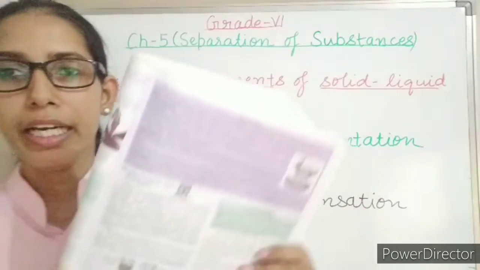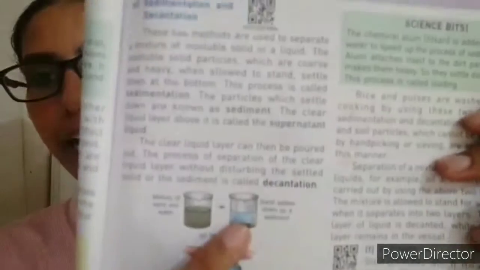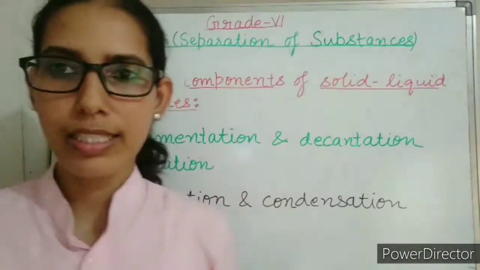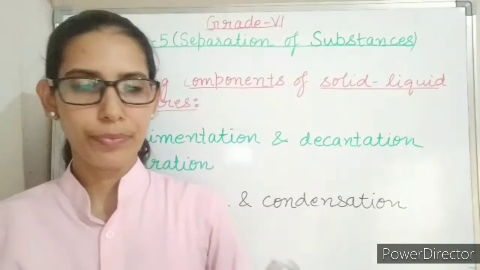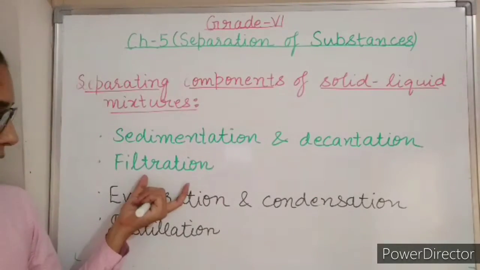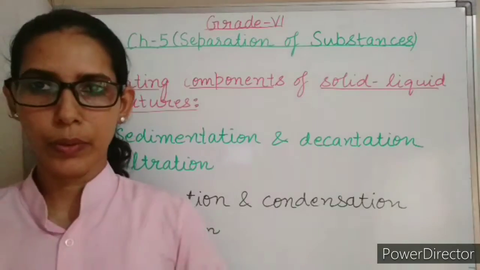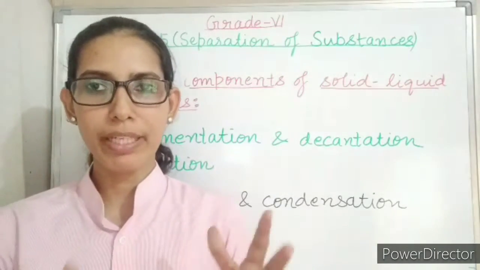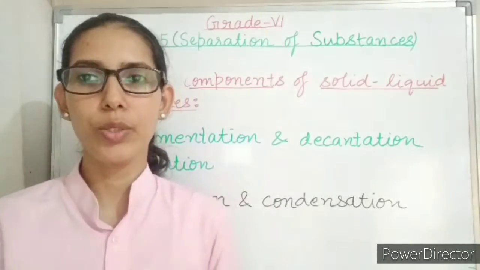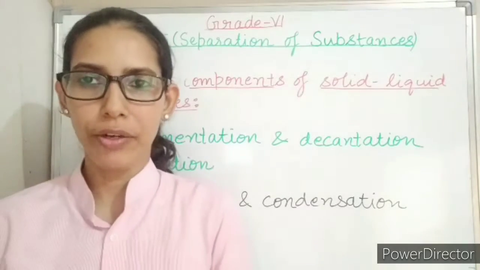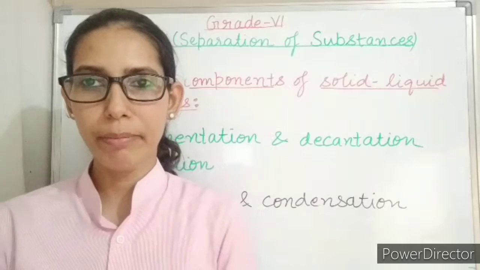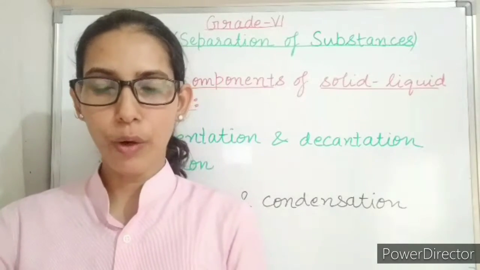Then we will see there is a clear layer of water at the top, and this clear layer of water can be poured into another container. And similarly, if we have muddy water, and we want to separate the mud from that water, we can use filter paper. This muddy water is a mixture of mud and water.